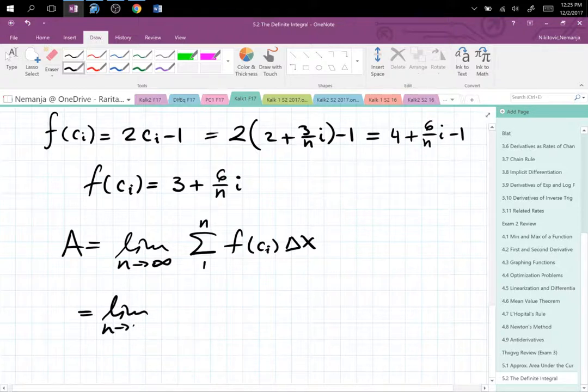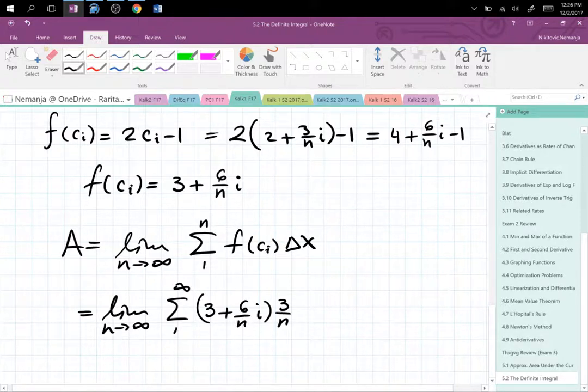Limit, n goes to infinity, summation 1 to n, f of Ci is given as 3 plus 6 over n I, and all of that times 3 over n, which is delta x.